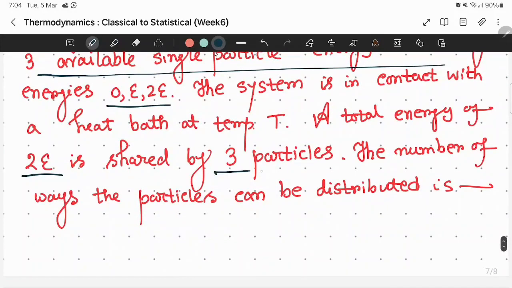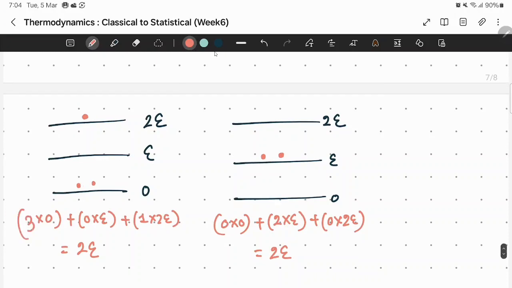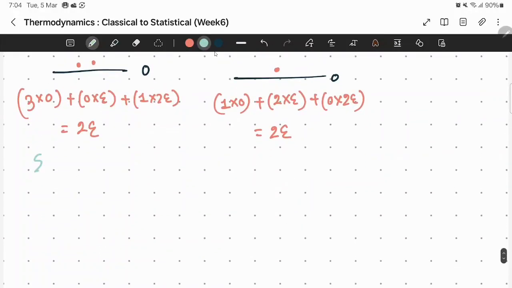Sorry, three particles. Is there any other possibility? No. So two possibilities are there. So what is the orientation here? It's 2, 0, 1. Here it is 1, 2, and 0.